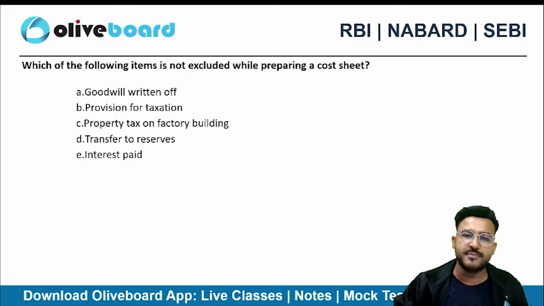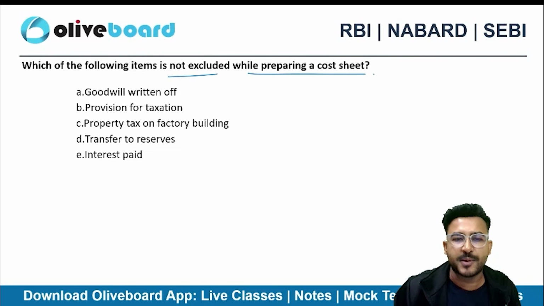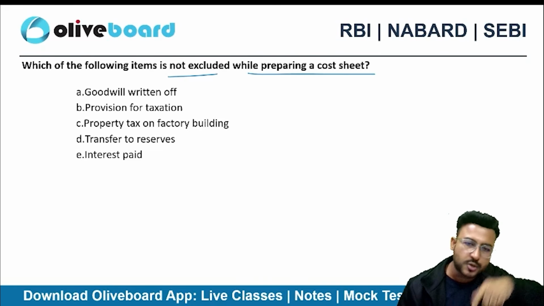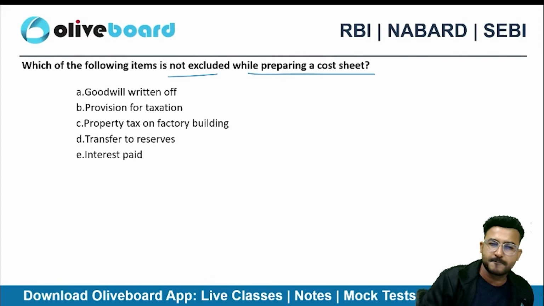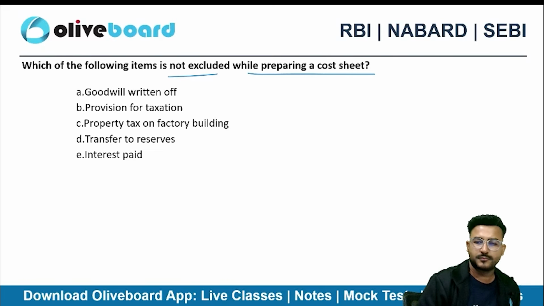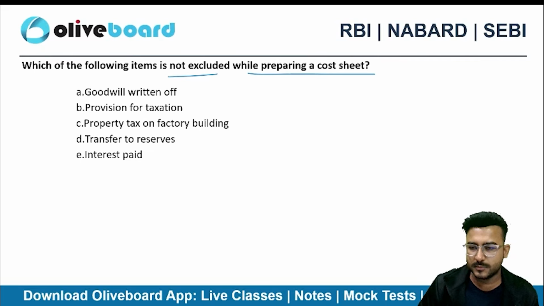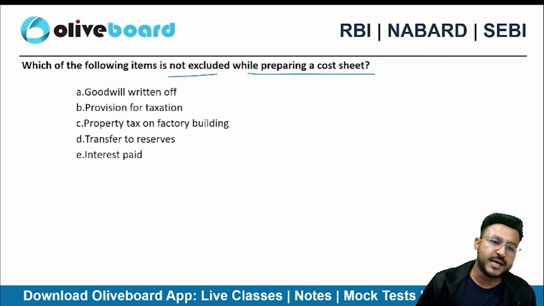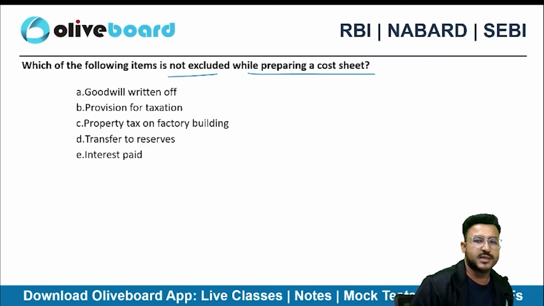Which of the following items is not excluded while preparing the cost sheet? That means it is included. Goodwill written off, provision for taxation, property tax on factory building, transfer to reserves, interest paid.